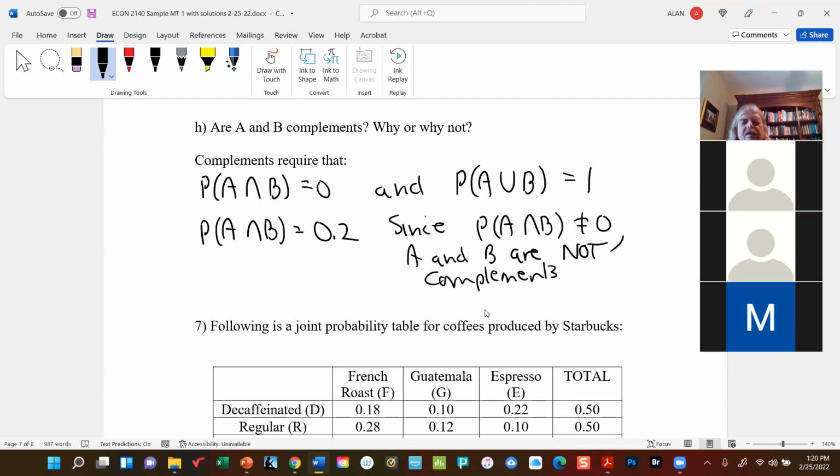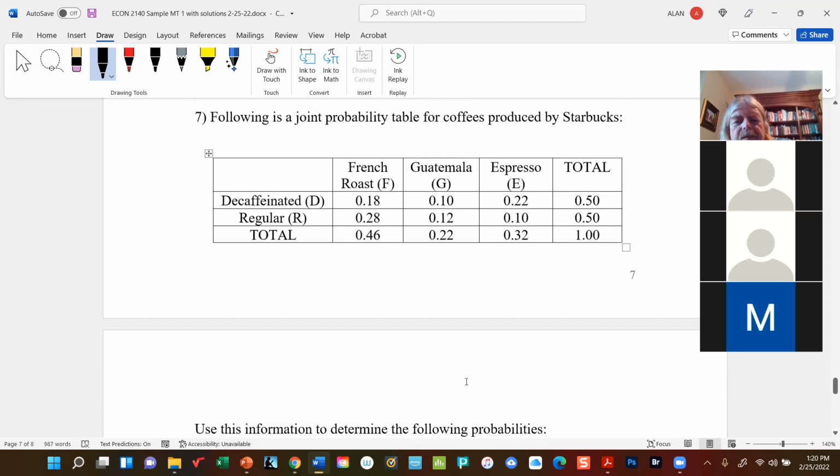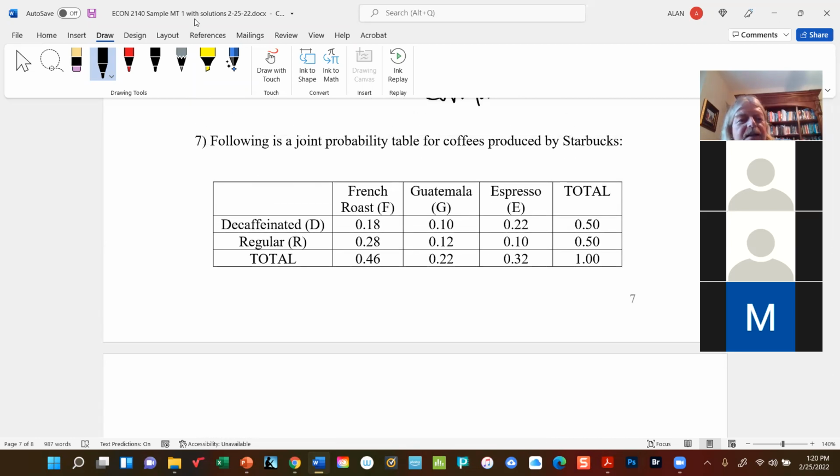Beautiful. All right, now we have one of our tables. This is a joint probability table for coffees again. That's kind of an easy example to make up probabilities for. So let me split the screen so you can see everything.